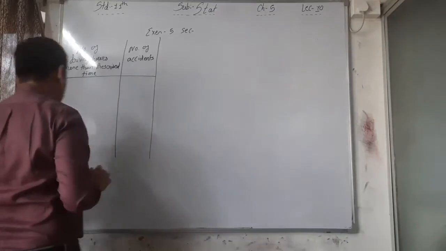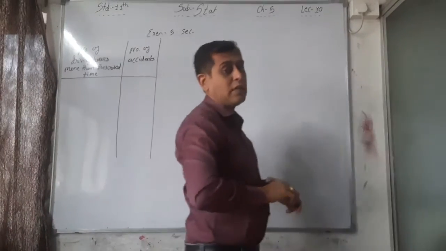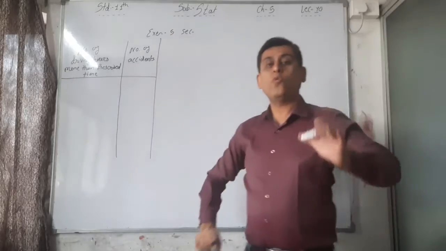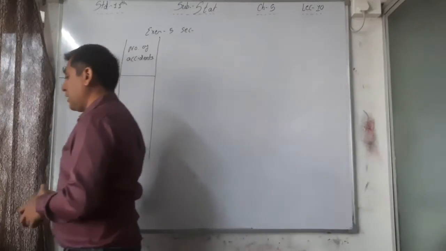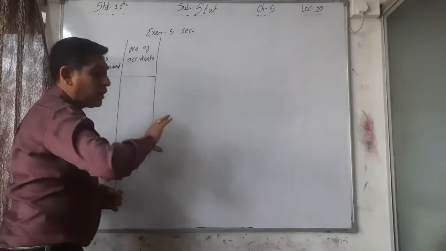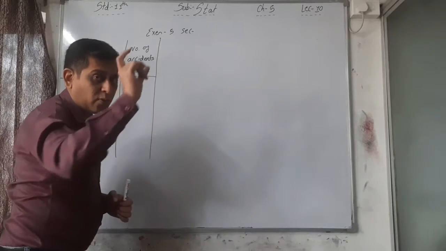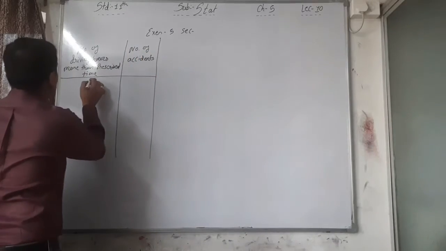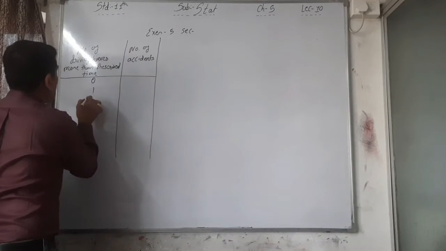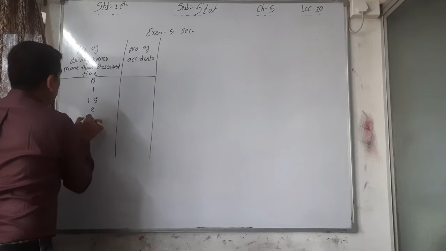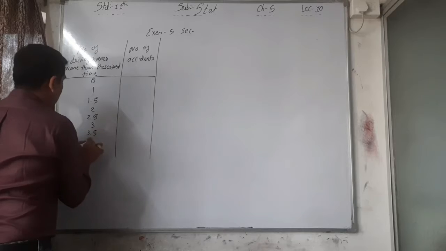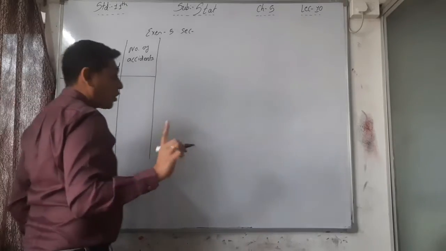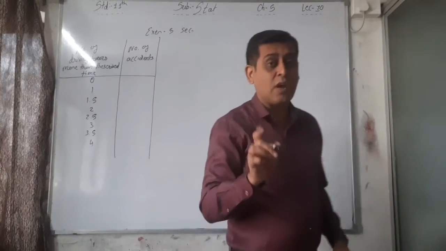See, the data is given as 4, 3.5, 3, 2.5, 2, 1.5, 1 and 0. It is given in descending order, but we have to arrange it in ascending order. So 0, 1, 1.5, 2, 2.5, 3, 3.5 and 4. And the corresponding frequency we have to also adjust.